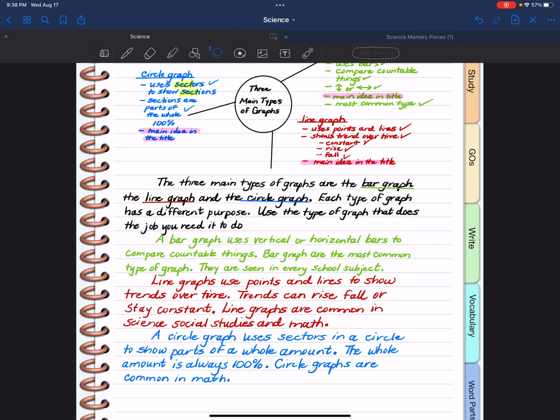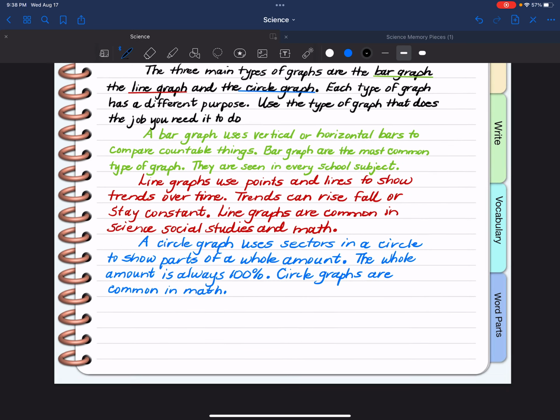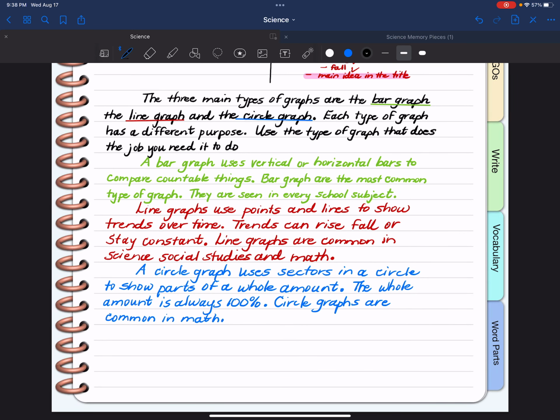All right, we need to put in our conclusion. And this is where we're going to mention our main idea. We haven't done that yet. But here's what we want to say, something along these lines. A graph should always make sense for the data.